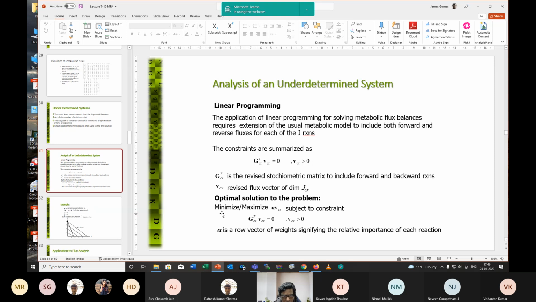So you'll have to give additional constraints. Sometimes when you are dealing with these flux analysis problems, the constraints come from outside. That means there are certain measurements that are taken at the macroscopic level, for example carbon dioxide evolution rate or oxygen uptake rate, or measurements of some components outside in the medium.